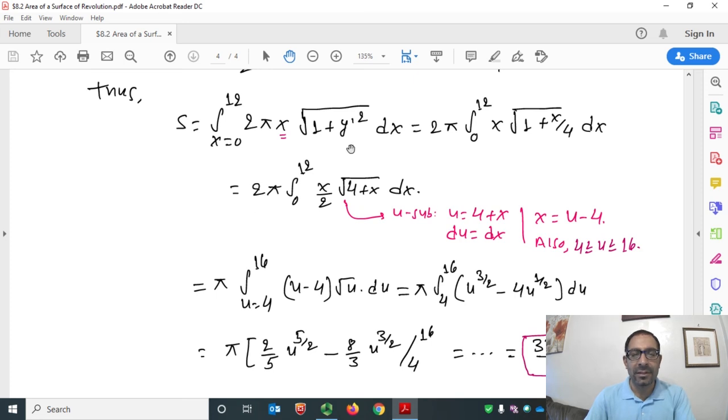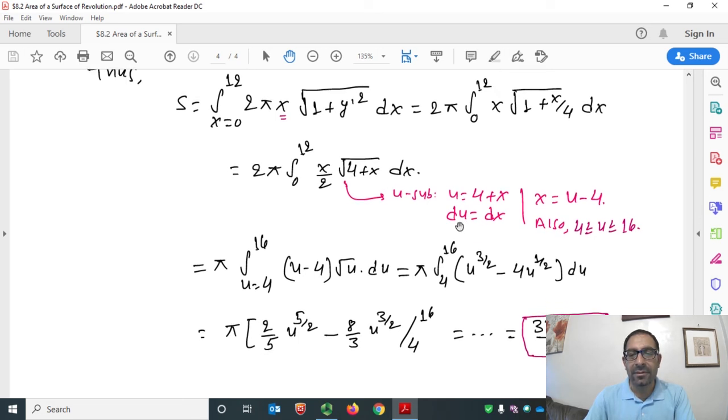So then this integral is a good candidate for u substitution. So put u equals 4 plus x, take its derivative, du equals dx. Also solve for x equals u minus 4. And also change the limit from the x limit to the u limit. It turns out that u equals 4 at the lower limit and u equals 16 at the upper limit.